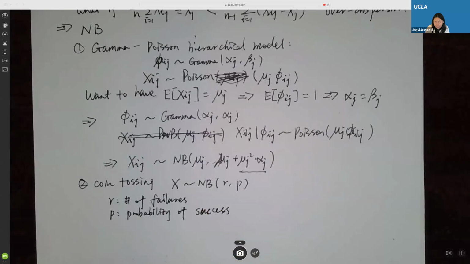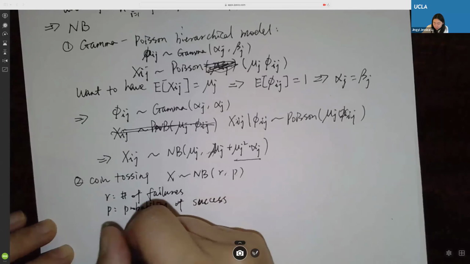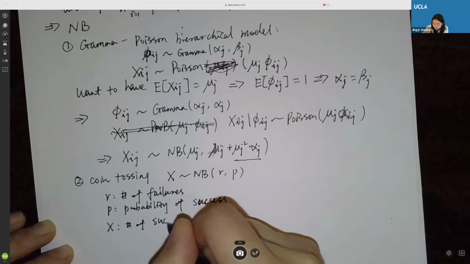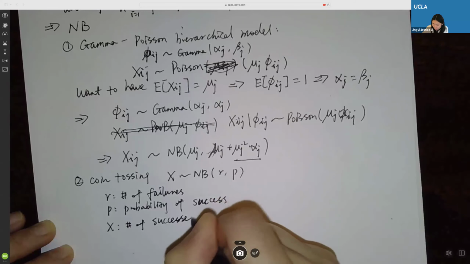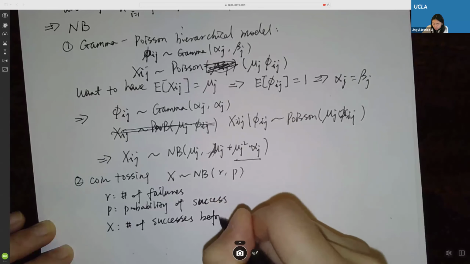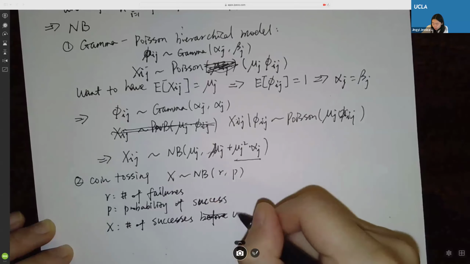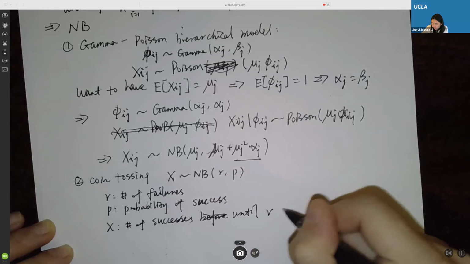Okay, and X is what? X is the number of successes until R failures.